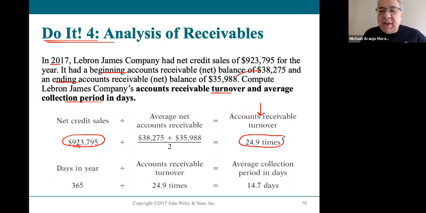So this company is collecting faster than anything. Right? When you take that 24.9 and put it under 365, you'll see their collection period is 14.7 days. So basically every 2 weeks, these folks are getting paid, which is excellent, right? You want to collect cash as quickly as possible.